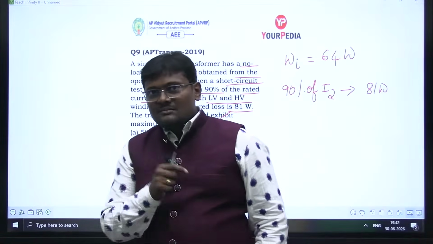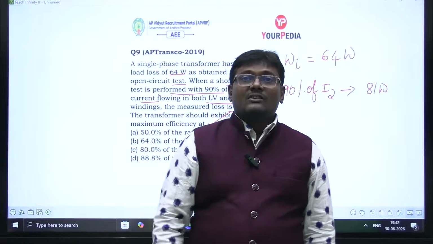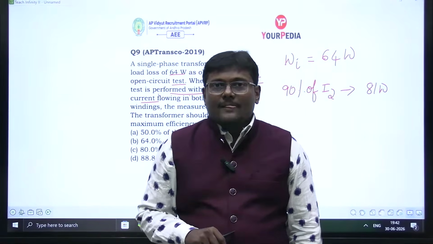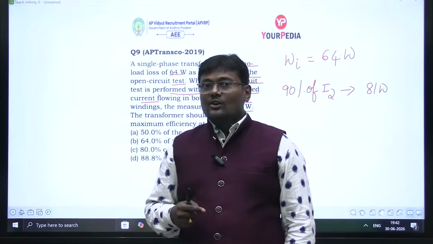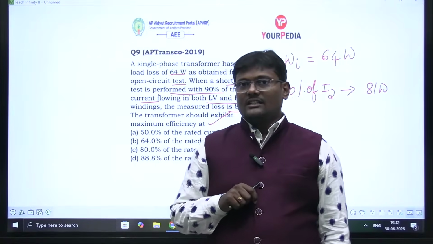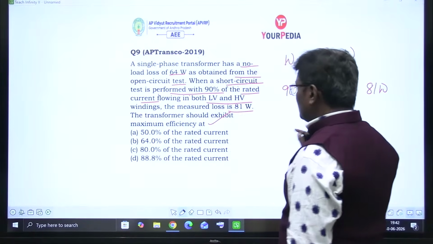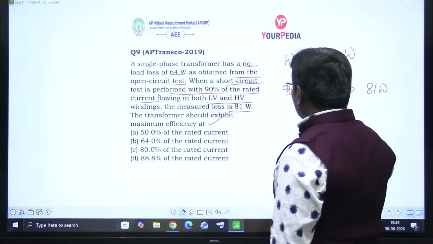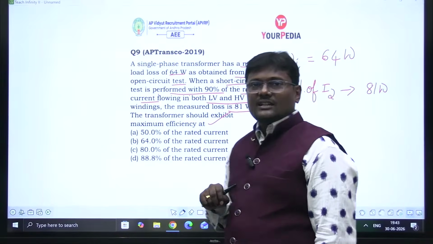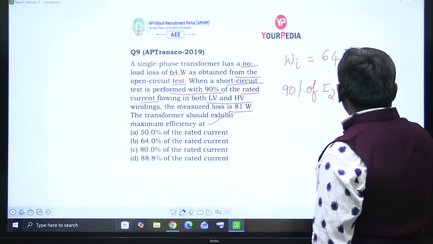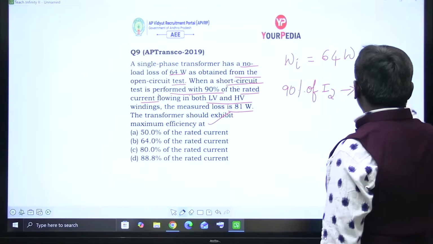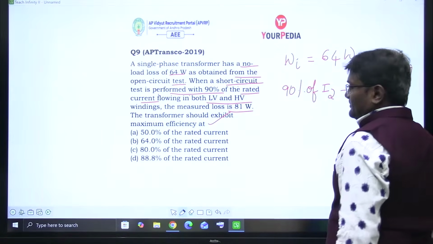Always you should remember, from the short circuit test, we are getting full load copper loss. But in order to confuse you, he is giving the data like this: 90% of the current, 81 watts loss. This is the copper loss at 90%, that means at 0.9.